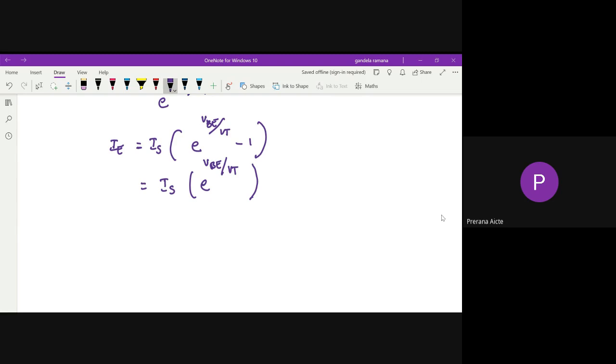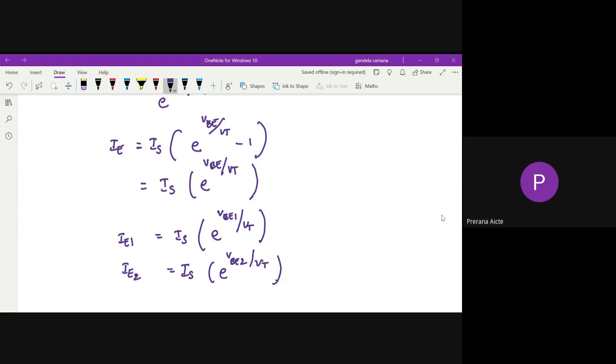So the first emitter current is IE1, that is Is into e power VBE1 by VT. The second emitter current IE2 is the saturation current Is into e power VBE2 by VT.